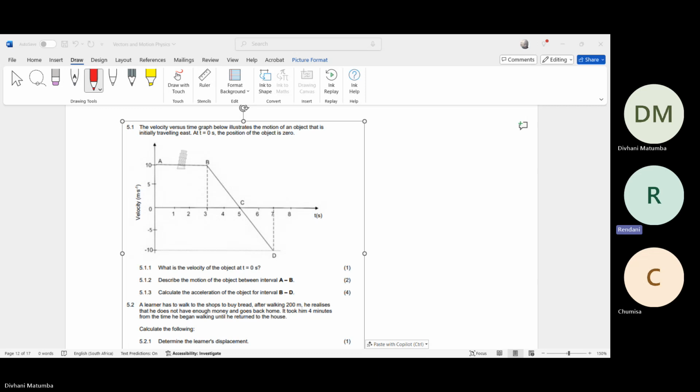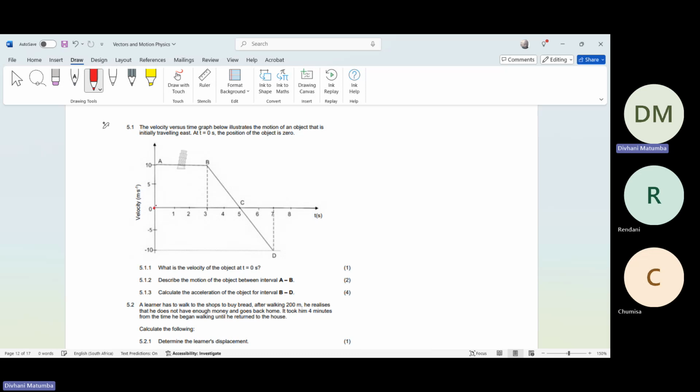Is it 10 meters per second? You are right. At the start of the motion, this is t equals 0. The velocity was 10 meters per second. Perfect.